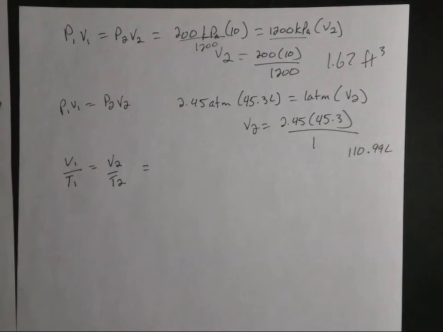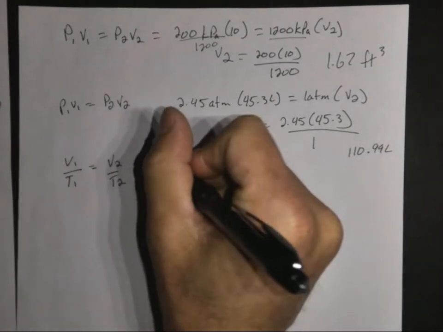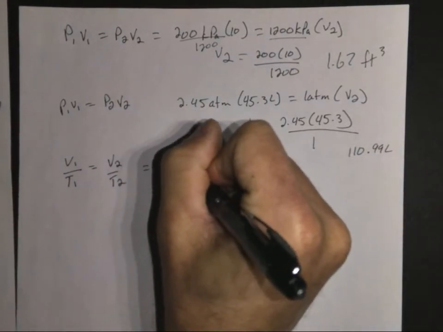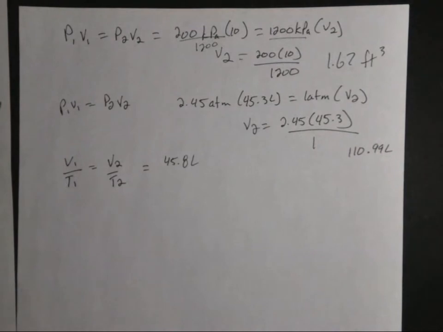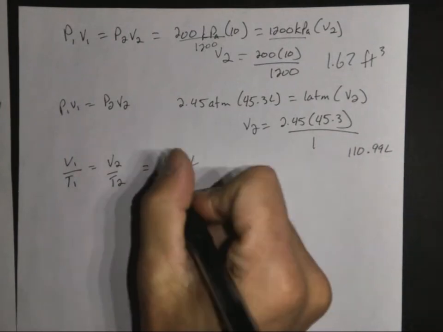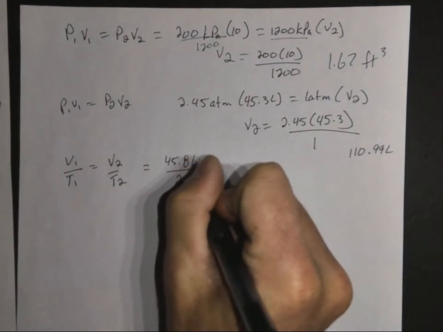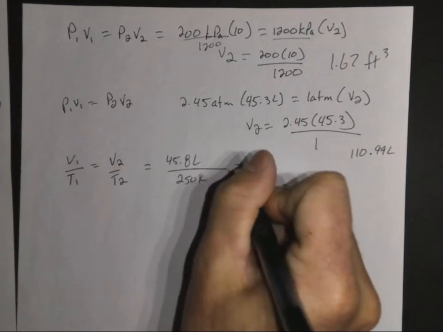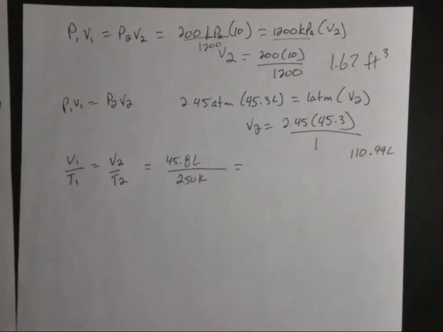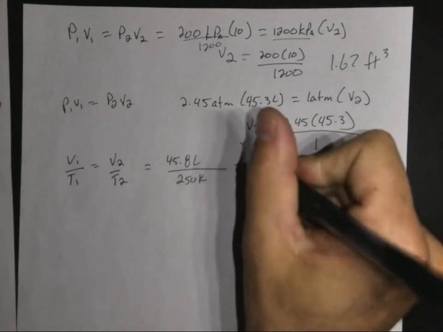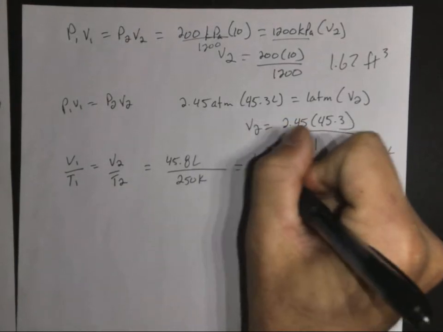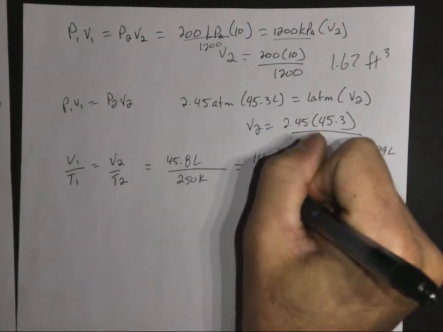So our first volume was 45.8 liters. Our first temperature was 250 Kelvin. Since it's in Kelvin, we don't have to convert, only if it's in Celsius. It says, what would the temperature be when the volume is 14.2 liters? So we're solving for T2.